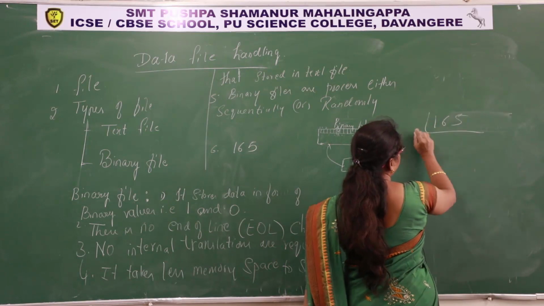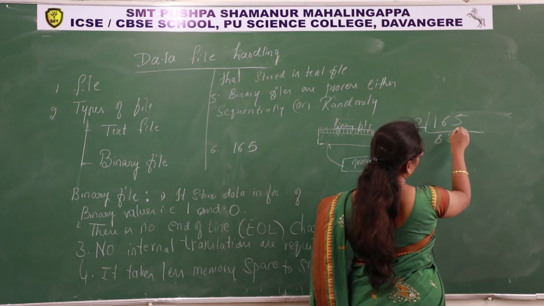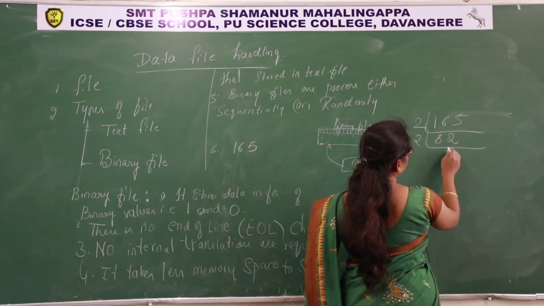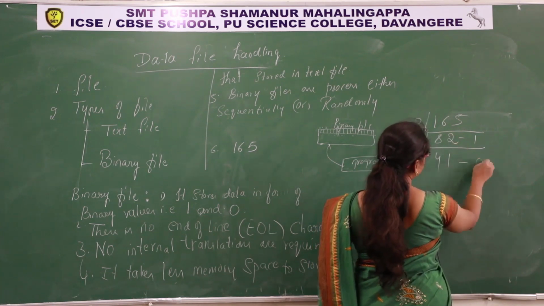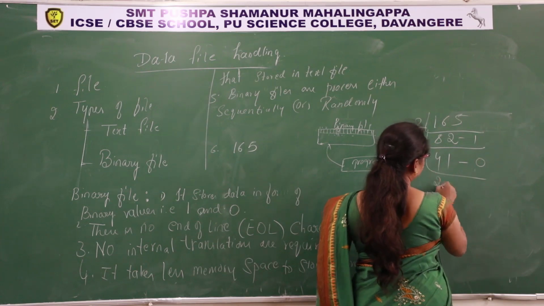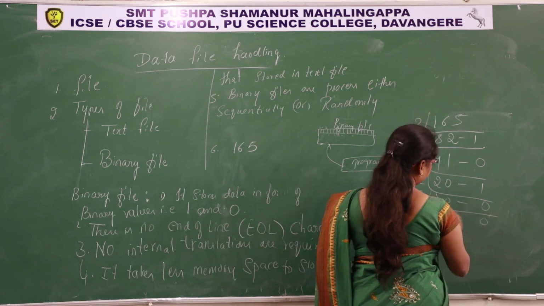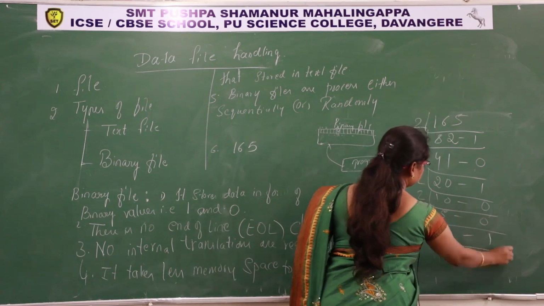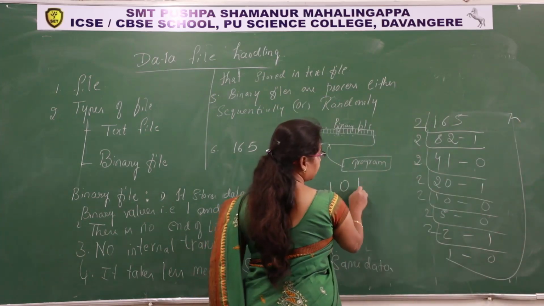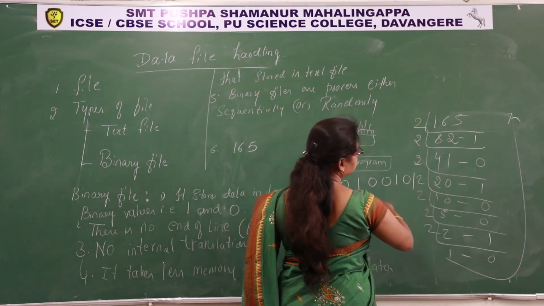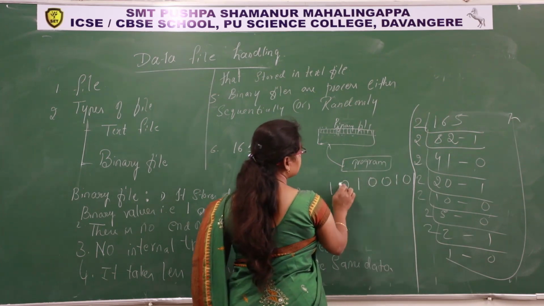You all know this from the first PU. 2 8s are 16, remainder 5. 2 2s are 4, remainder 1. 2 4s are 8, remainder 0. 2 20, remainder 1. 2 10s are 20, remainder 0. 2 5s are 10, remainder 0. 2 2s are 4, remainder 1. 2 1s are 2, remainder 0. So 1 0 1 0 0 1 0 1, isn't it? How many bits? 1 2 3 4 5 6 7 8 bits.